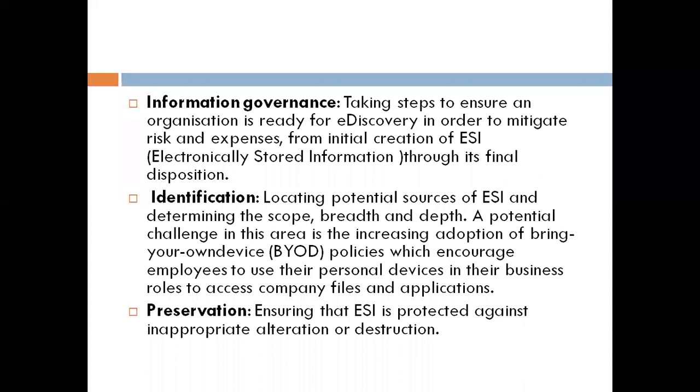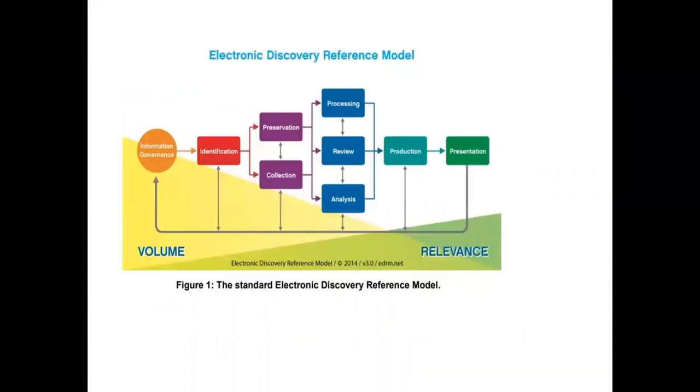Next, we will preserve this in electronically stored information. Again, we will preserve all this data against destruction, meaning deletion, and alteration, meaning changes. We will preserve at the point after identification, without any deletion or any alteration, meaning modifications.